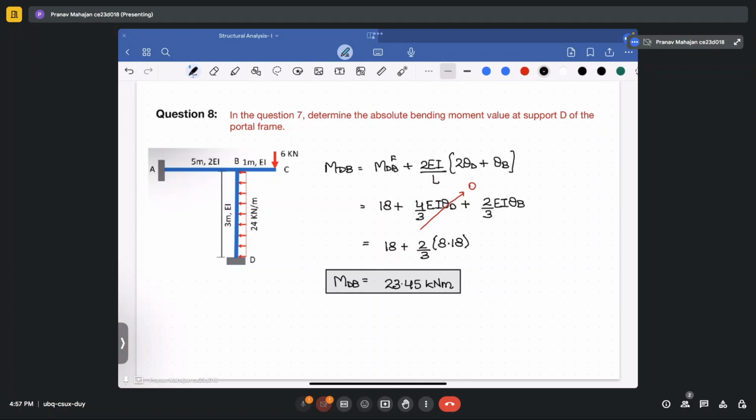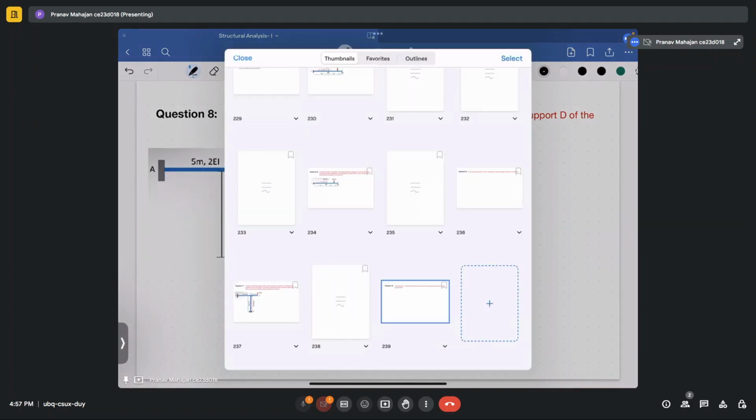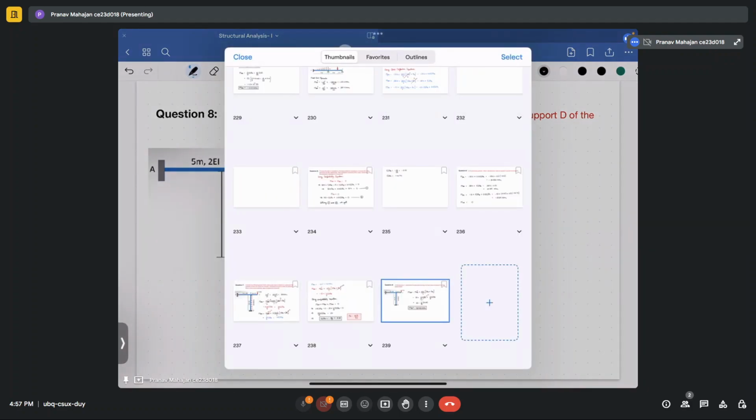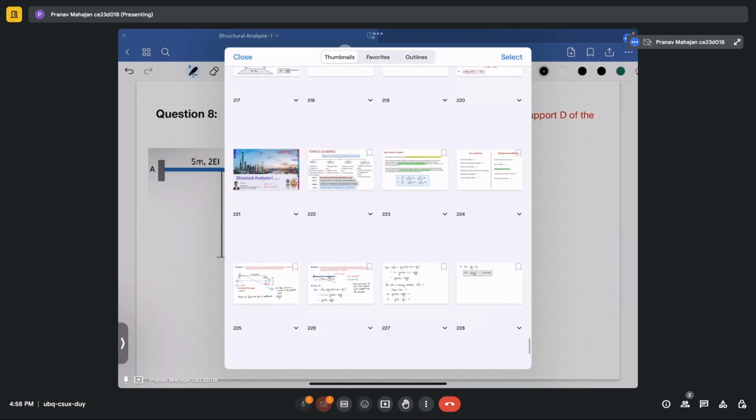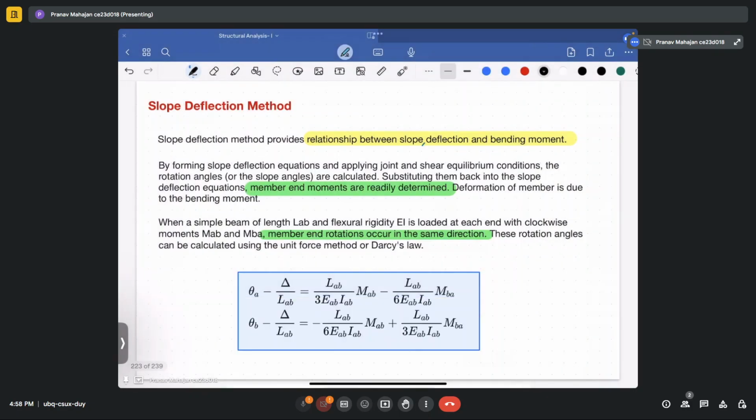So we have started with, let me open the slides first. Yeah. So we have started with the slope deflection method, in which we said that it is a displacement method, and it provides the relationship between bending moment, slope, and deflection.